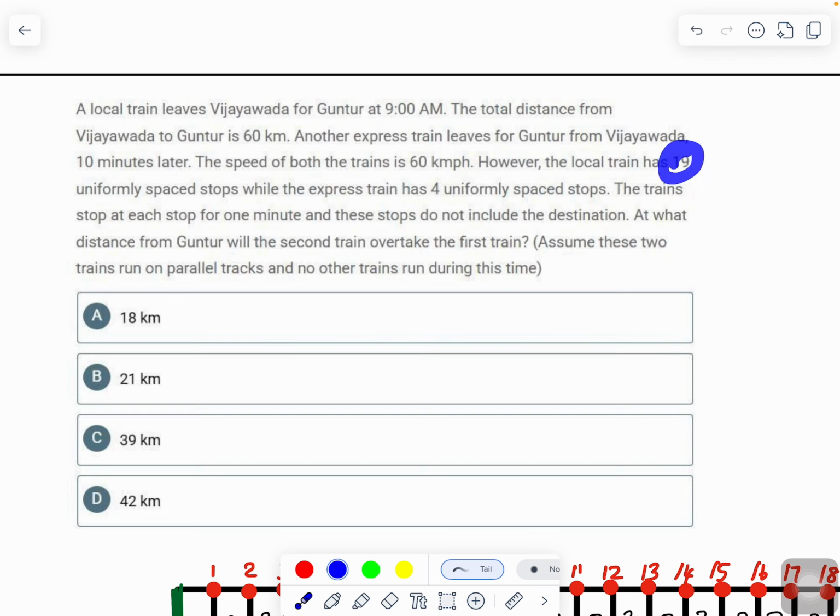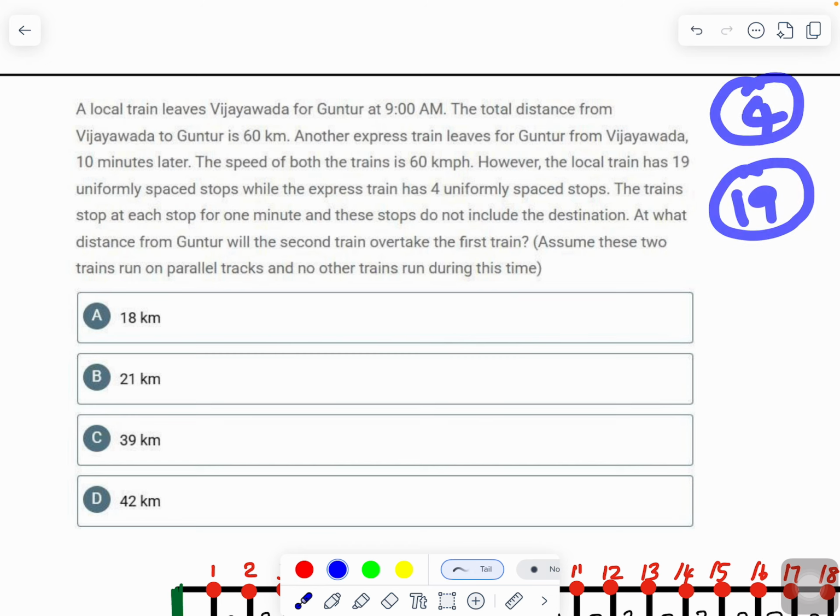For each stop, 1 minute is spent, for both the local train as well as the express train. The trains stop at each stop for 1 minute, and these stops do not include the starting point or the destination.